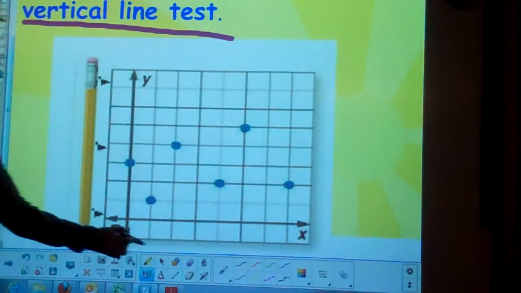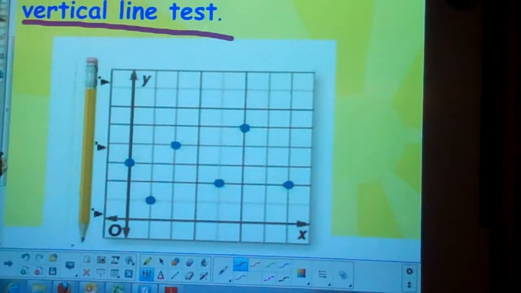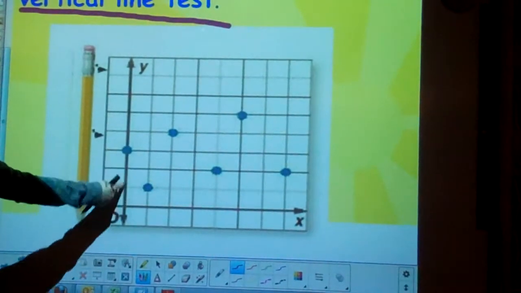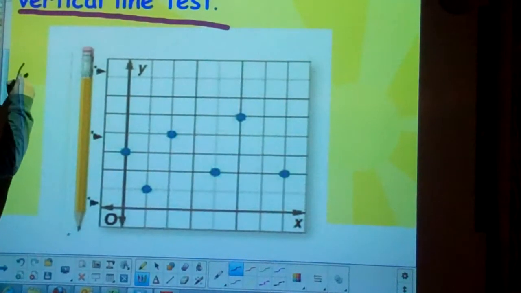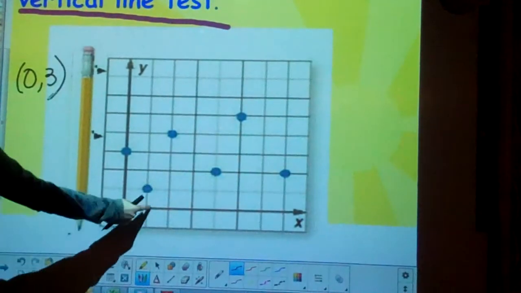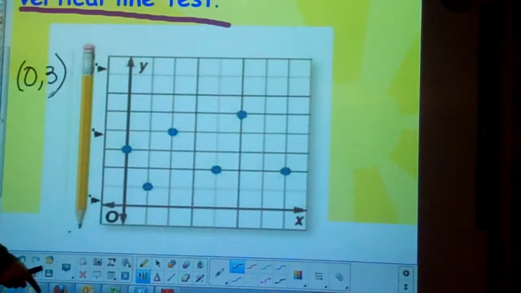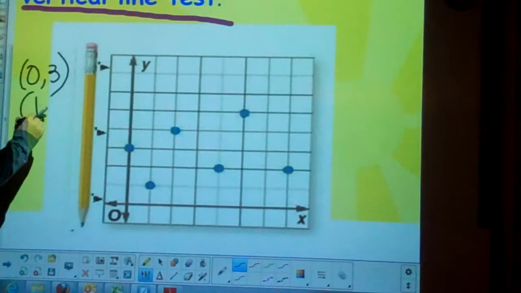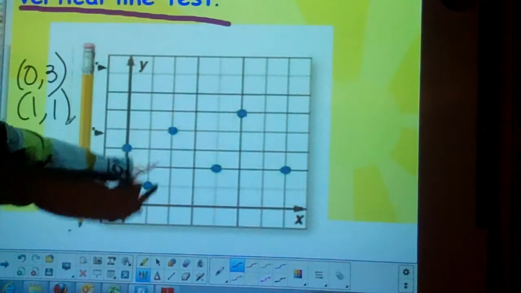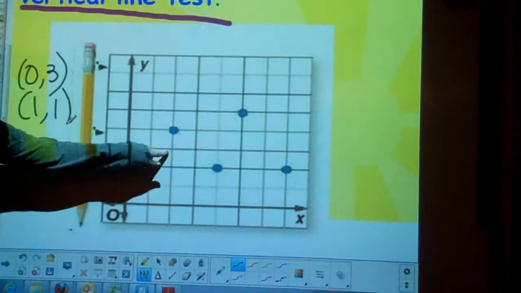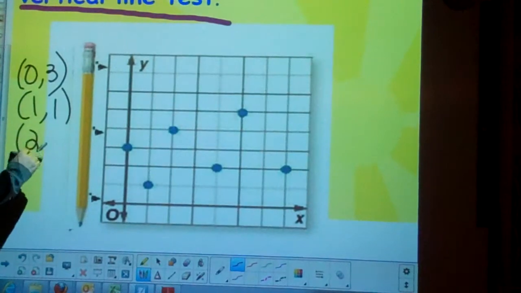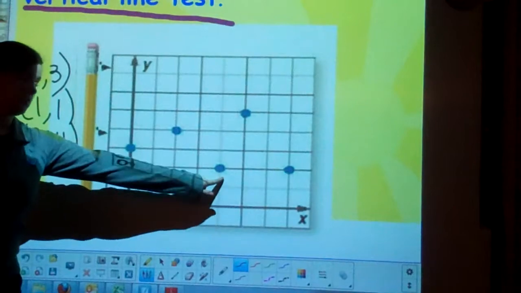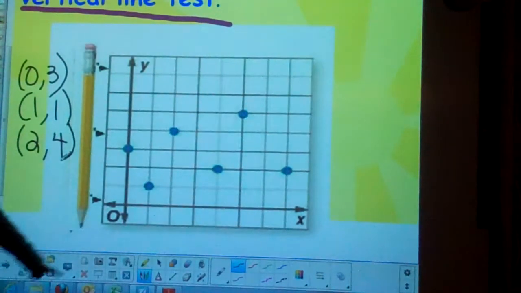Okay, so let's name these ordered pairs. What do we have? 0, 3. 0, 1. 2, 1. 1, 1. What's right here? 3, 6. 2, 4. 4, 2.